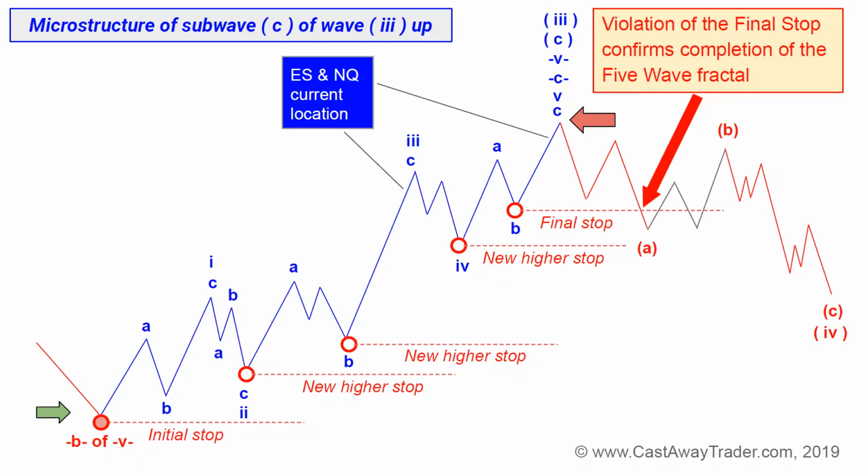What normally happens, that first cut happens at the first leg down, on a shallow leg down of subwave A of wave 4 down. And then we get an ugly corrective structure, structured as micro A up, B down, and C up, and that ABC becomes a corrective subwave B up.